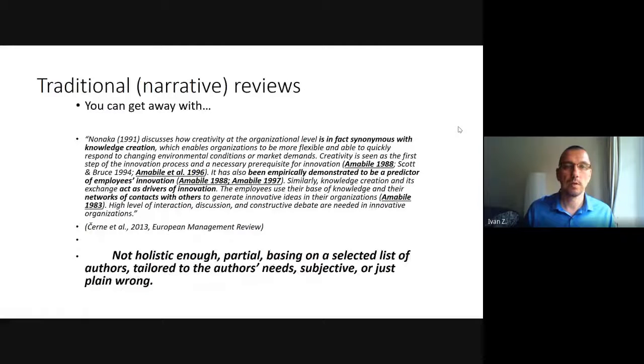As I mentioned, traditional narrative reviews are always subject to questions about whether the studies included were selected objectively and how the researcher analyzed them. They are subject to researcher bias, and this is something you can mitigate with bibliometric methods. These methods are quantitative, have data behind them, and you can substantiate your claims much more than with traditional literature reviews.